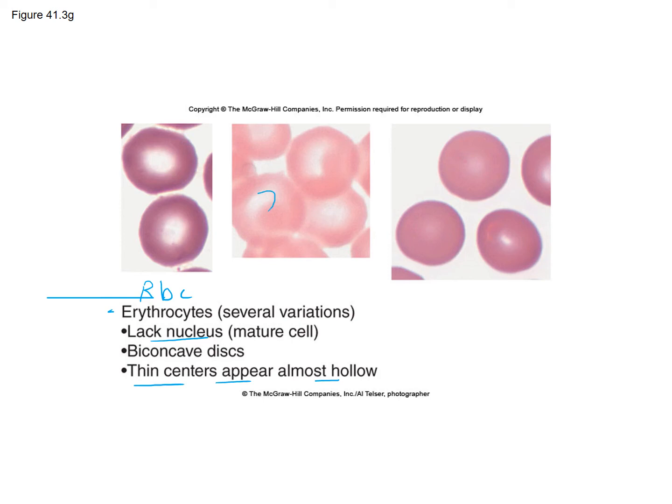See, it's biconcave, almost hollow in the middle. It looks like a donut, right? And that's why they have this specific shape, to carry the O2. They have the hemoglobin protein that keeps the oxygen in place.